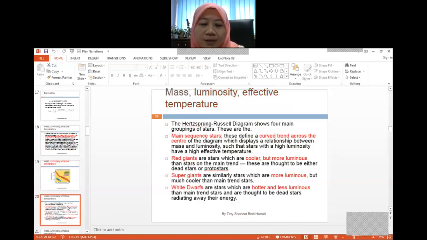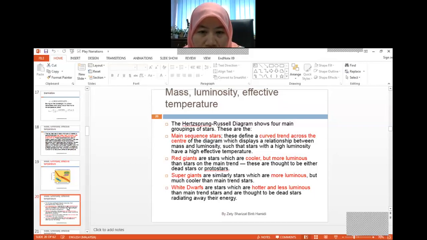Basically, we have several main categories here, such as the main sequence stars, which are the stars on the curve trend at the mid regions. We can see the curve across the center of the HR diagram. We also have the red giants, which are cooler but much more luminous because of their size. They are thought of as dying stars.